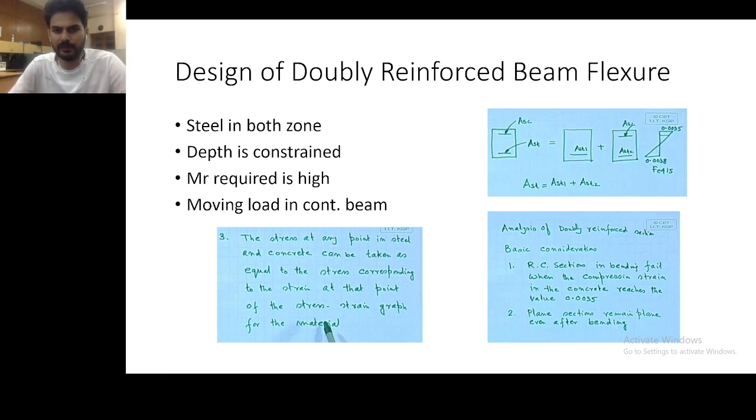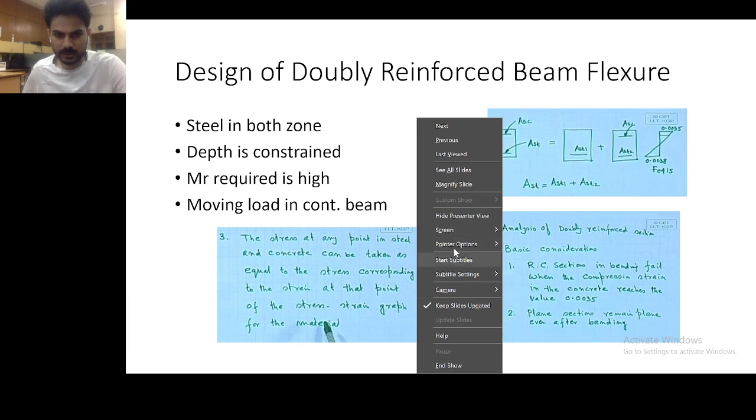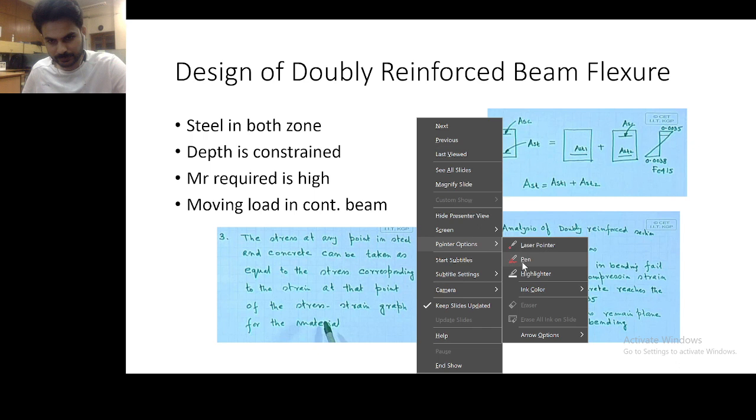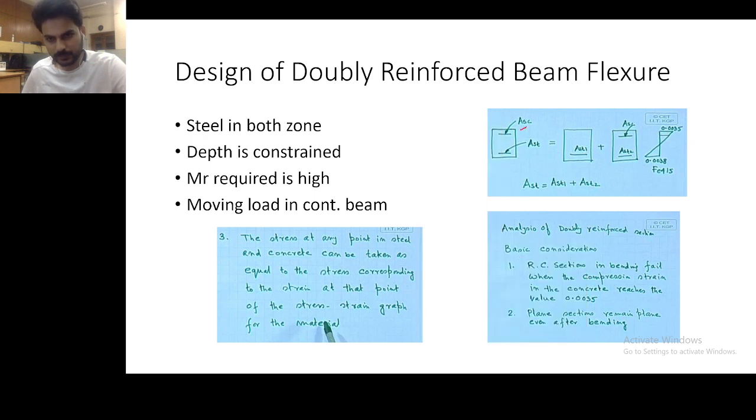A doubly reinforced beam means that the steel is in both the zones. What are the both zones? The compression zone and tension zone. See this, this is the compression zone and this is the tension zone. So if there is steel in both the sections, then we call it a doubly reinforced beam.